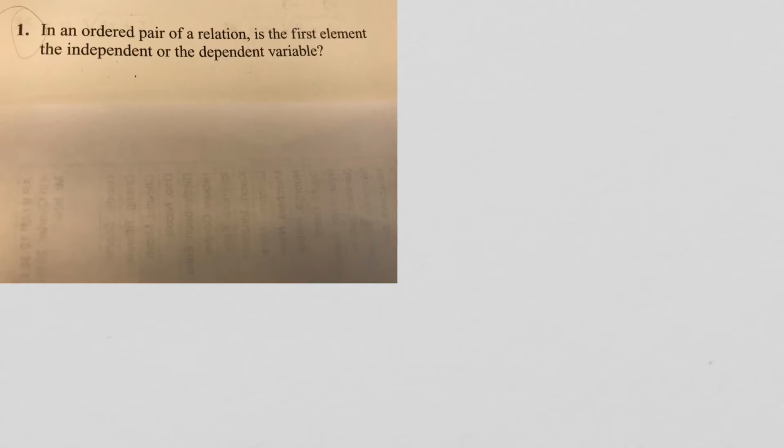Page 247. In an ordered pair, like let's say (5, 2), this is called the independent variable, and this is the dependent.